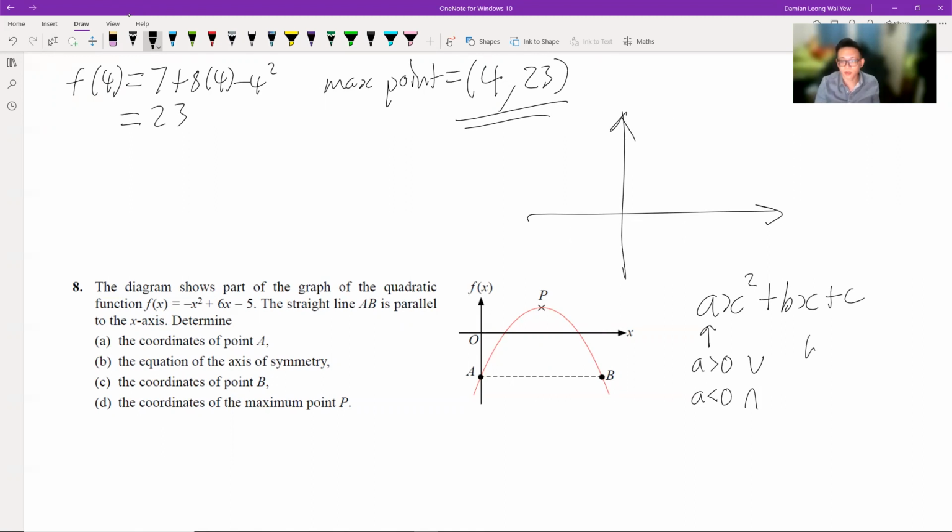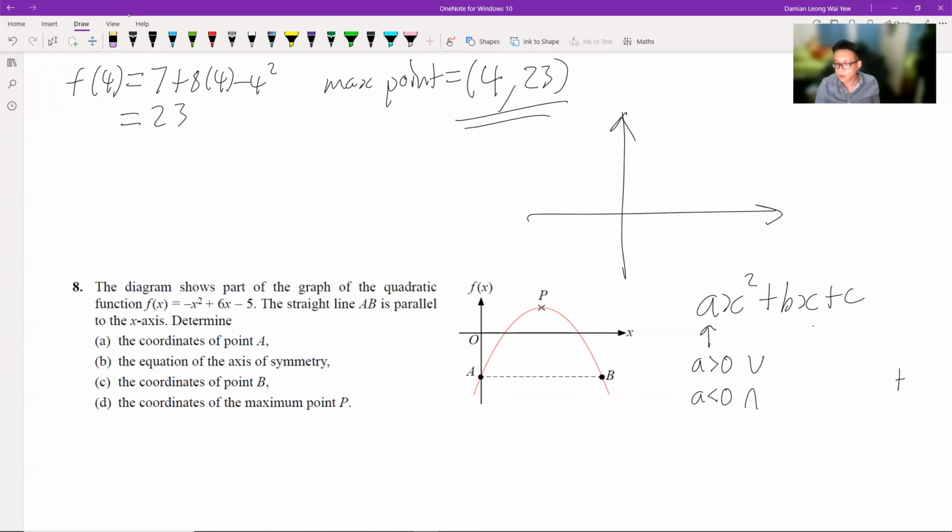If b is positive, it's on the left side. When your b is negative, it's on the right side. This is if your a is positive. So that would be very confusing, right?